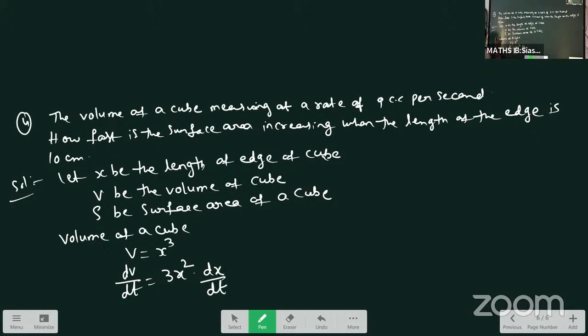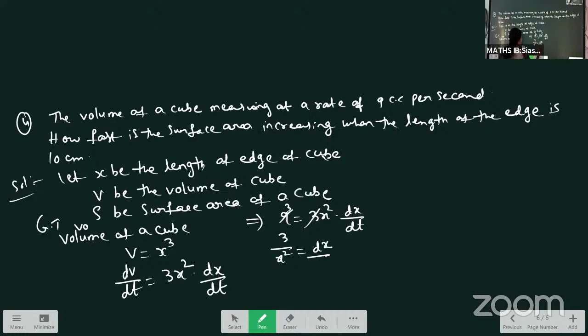The rate of volume of the cube, 9 cubic centimeters, is given. So 9 is equal to 3x square into dx by dt. 3 ones are 3, 3 threes are 9. So 3 by x square is equal to dx by dt. Keep it as equation 1.